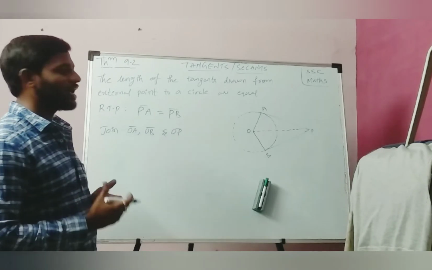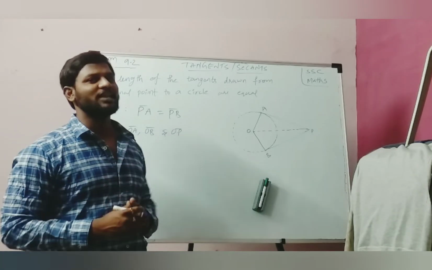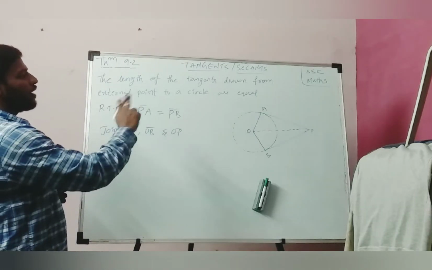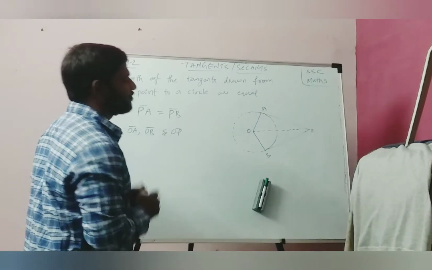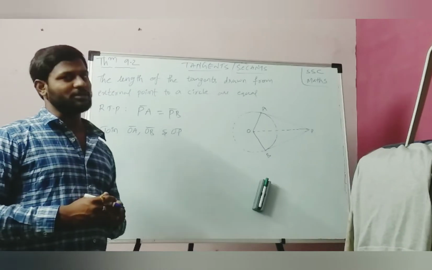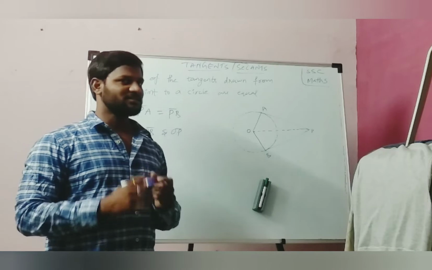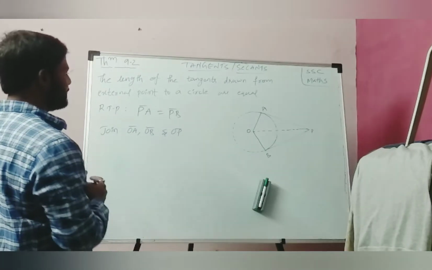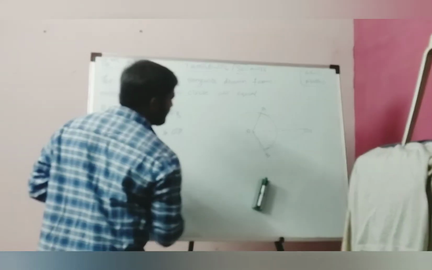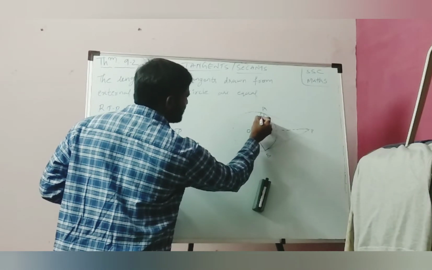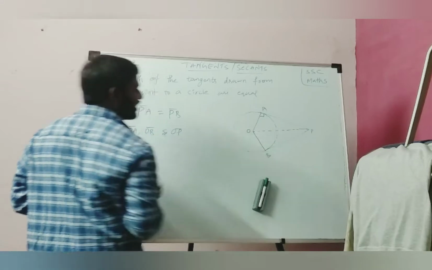We know if two triangles are congruent, their corresponding parts are equal. How to prove triangles OAP and OBP are congruent? We have four congruency properties: SSS, SAS, ASA and RHS. From theorem 9.1, the tangent is perpendicular to the radius.